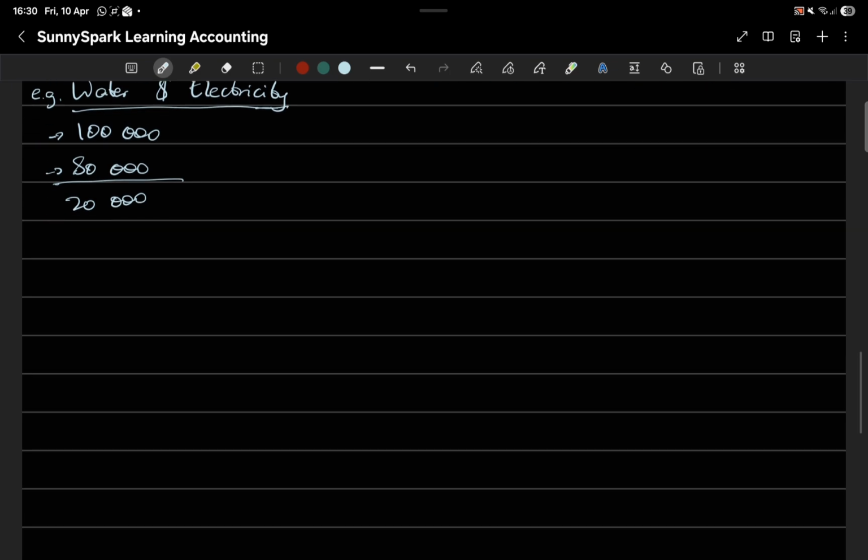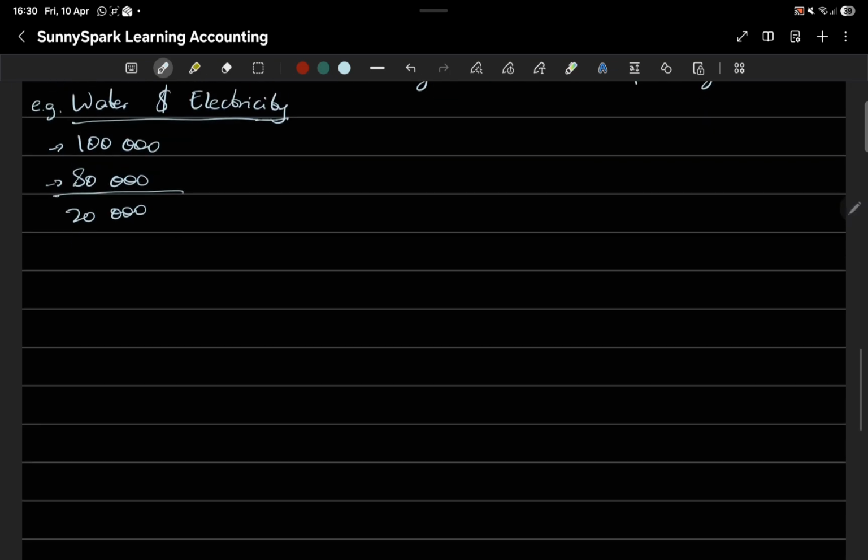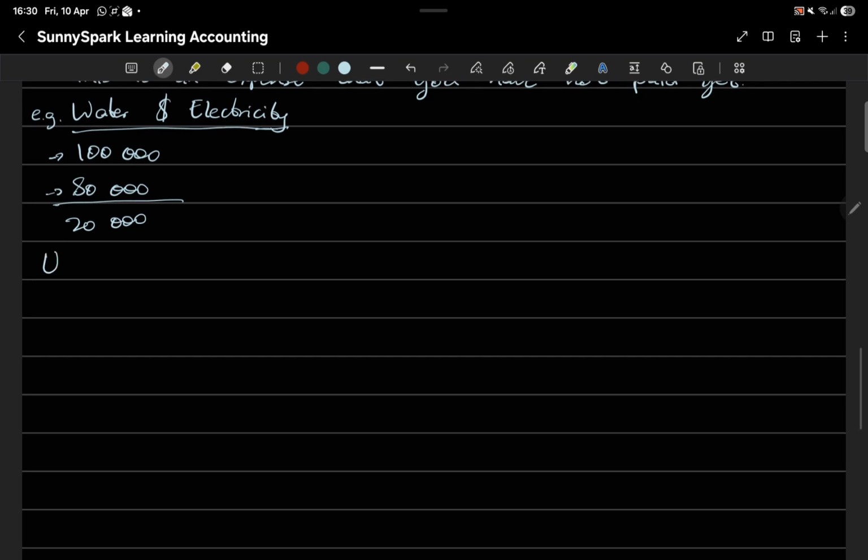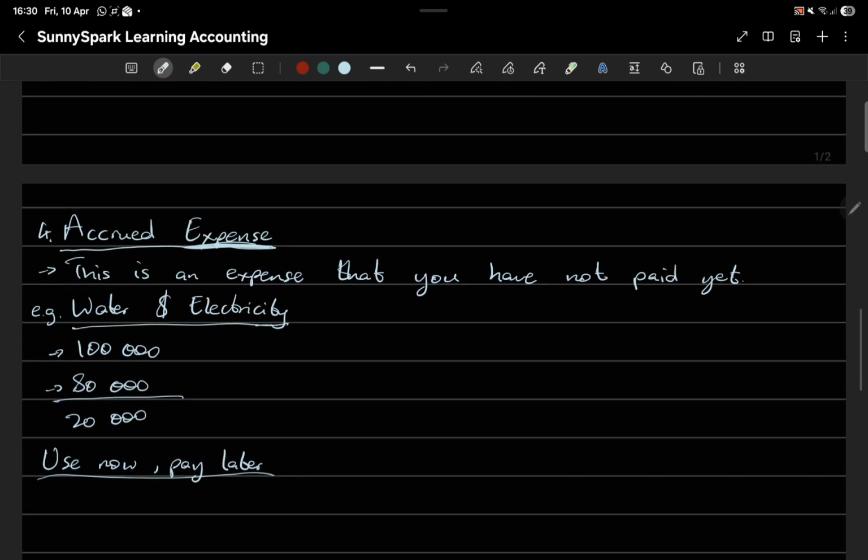So the idea under this accrued expense is that you use something now, but you pay at a later stage.